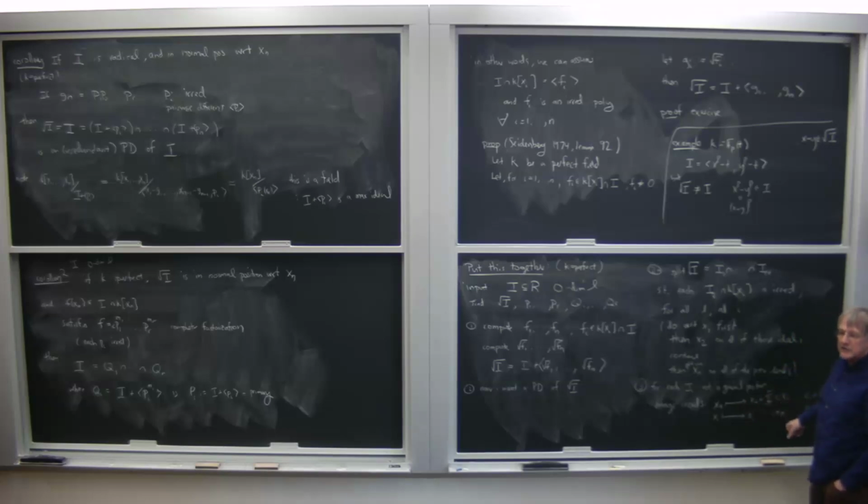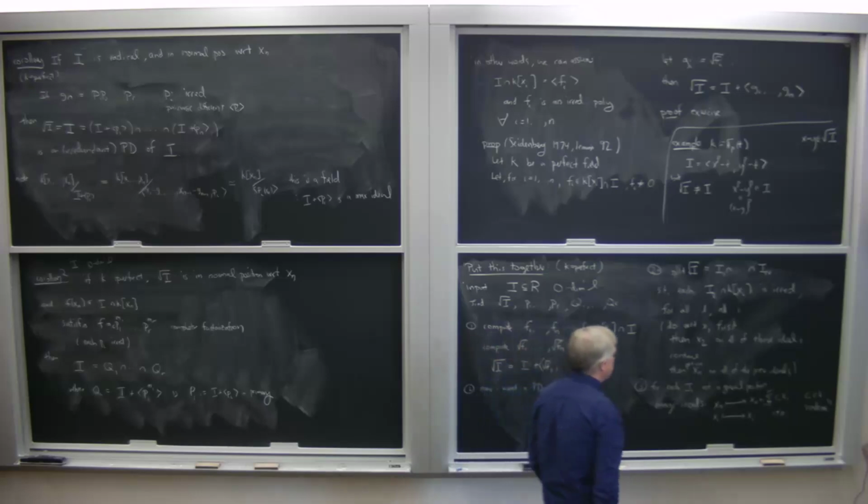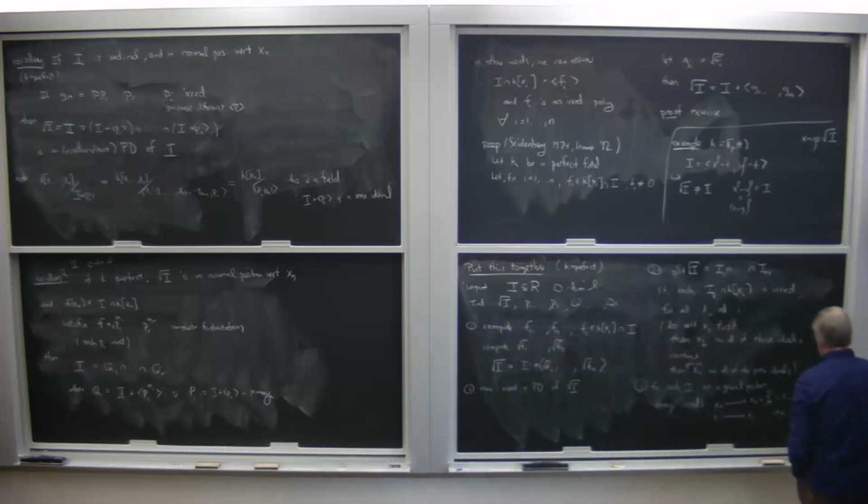So for instance, if you're in a very small field, you might not find anything, but that typically happens in small characteristics, 2, 5, 7, 3, whatever. But much higher, and even 11, it's hard to find problems with that. But in any case, when you do this, you change coordinates and you just recompute a Gröbner basis, and it will almost always be in normal form.